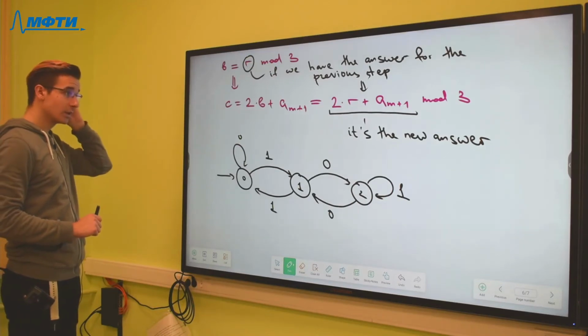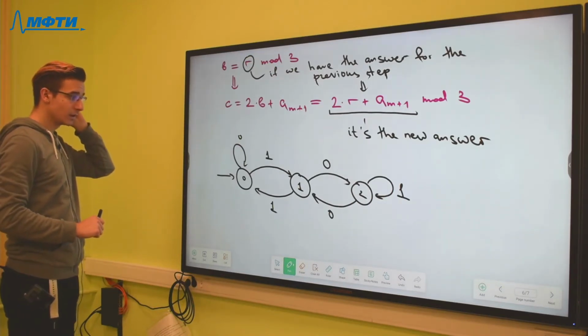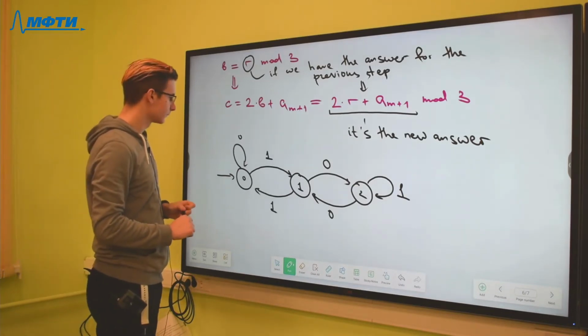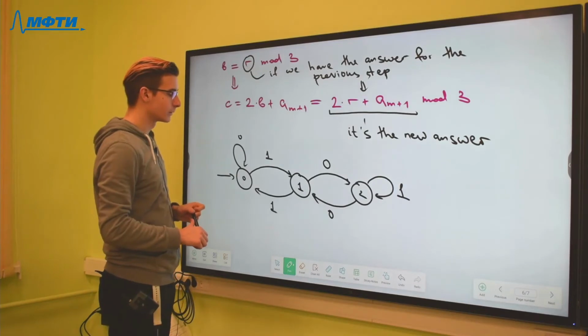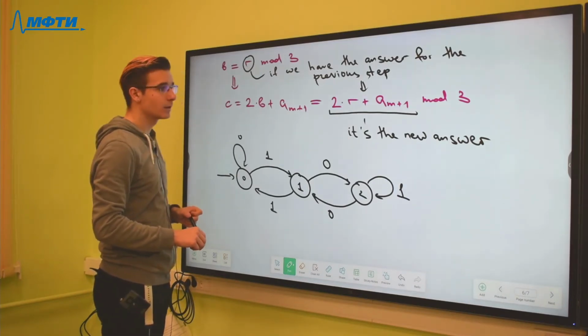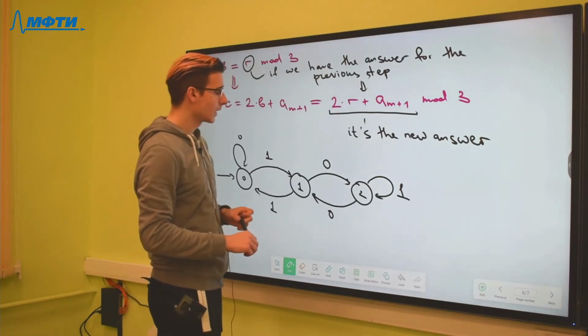And it is a DFA that can make the result that we need.